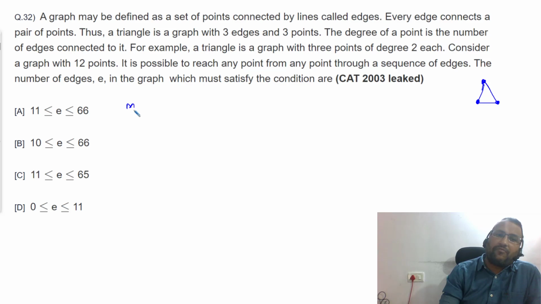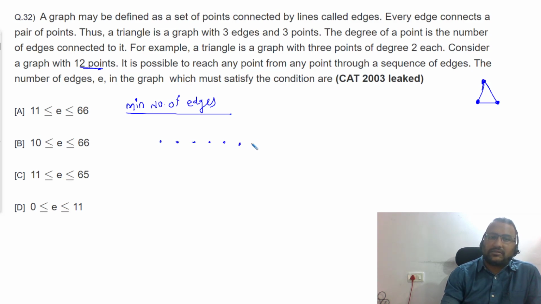The minimum number of edges are going to be how much? Total there are 12 points. Okay. So 1, 2, 3, 4, 5, 6, 7, 8, 9, 10, 11, 12.